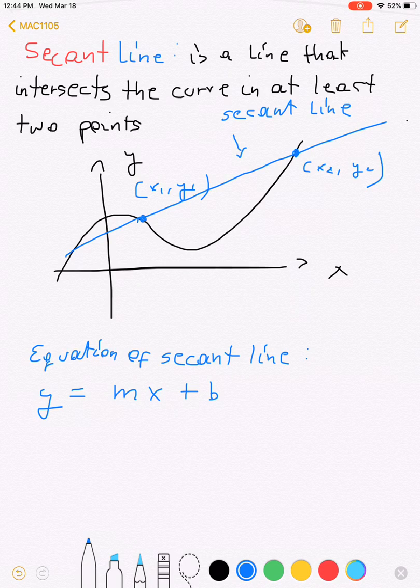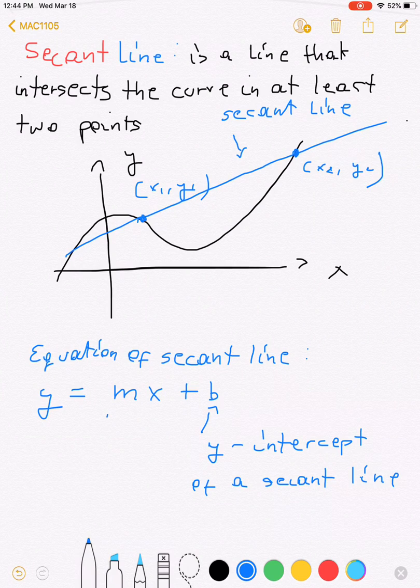Again, we know what b is. b is just the y-intercept, not of the function, but the y-intercept of the secant line, and m is technically the slope. We're just going to use the new definition, average rate of change.